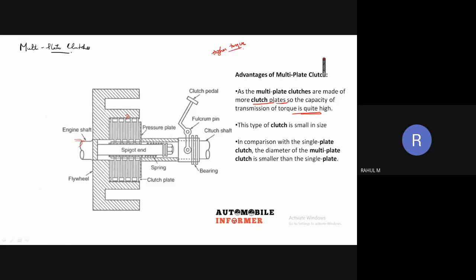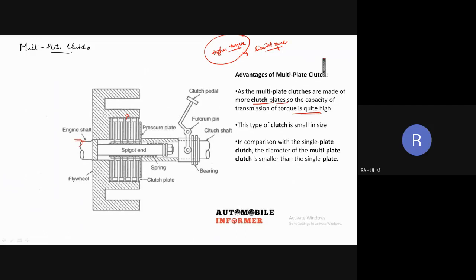Not only higher torque, this complete setup can be set up in a limited space. That is a very important thing. You require only a small space to transfer this higher torque. That is the main advantage of using a multiplate clutch. Higher torque can be transmitted, and it can be employed in a very small space.